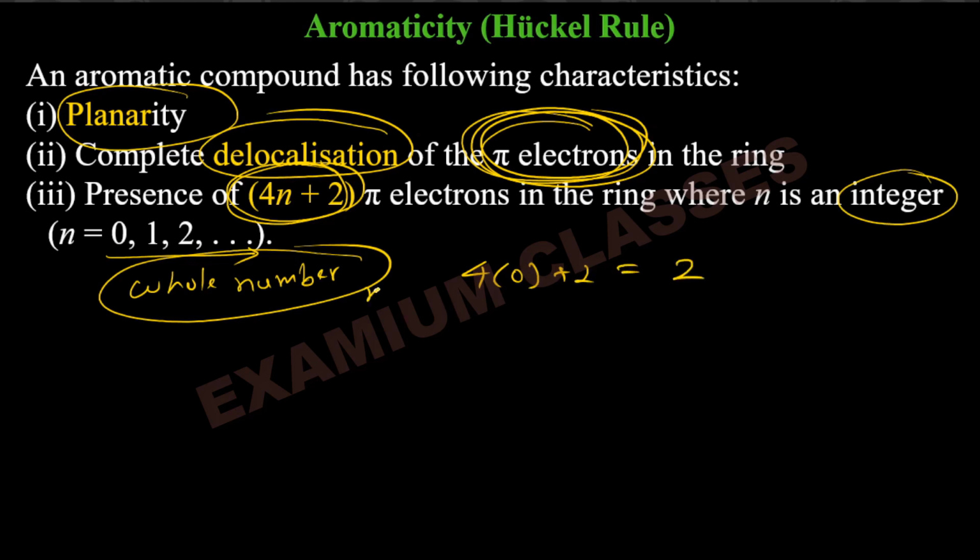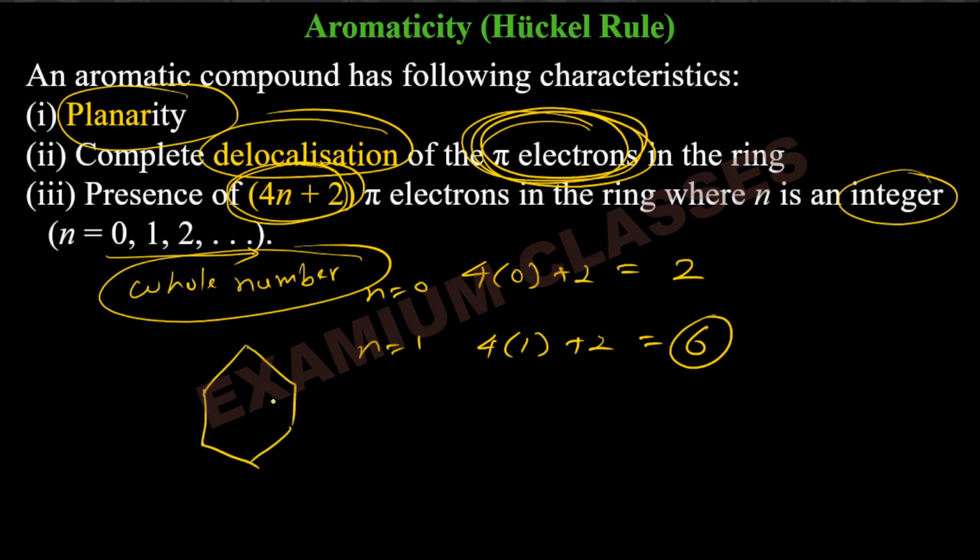If we take n equals 1, it will be 4 times 1 plus 2, 4 plus 2, 6. And if you see in benzene ring, we do have 6 pi electrons, 2 here, 2 here, 2 here, total 6. So it fulfills all the 3 conditions for aromaticity. It is an aromatic compound.